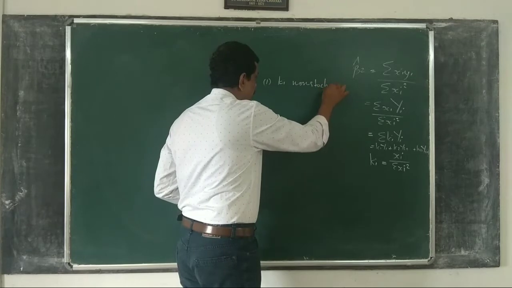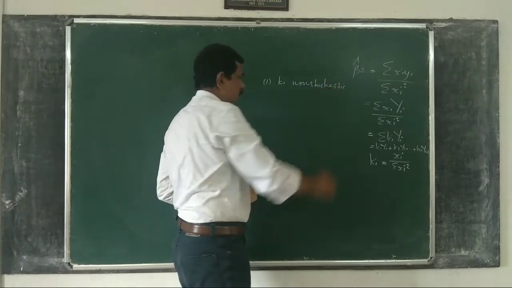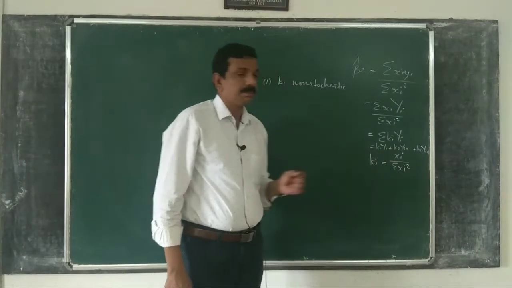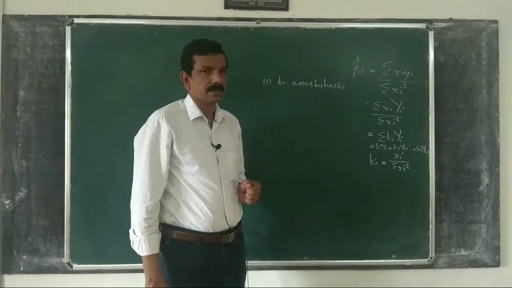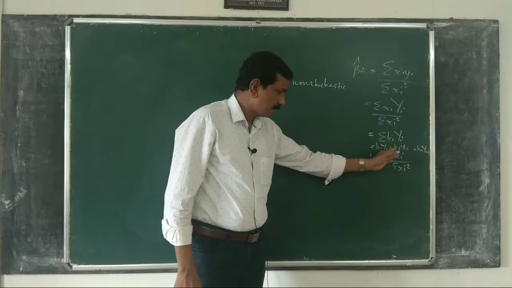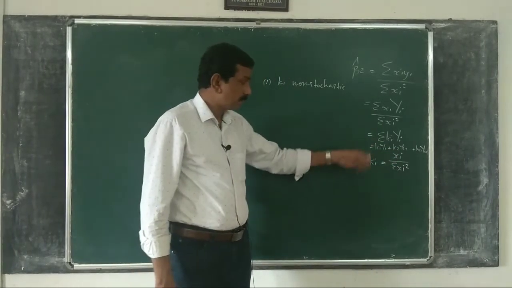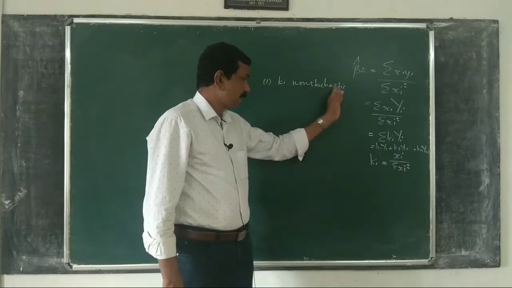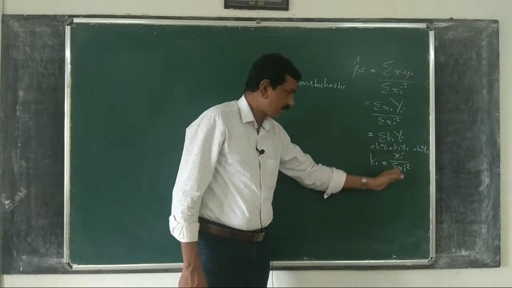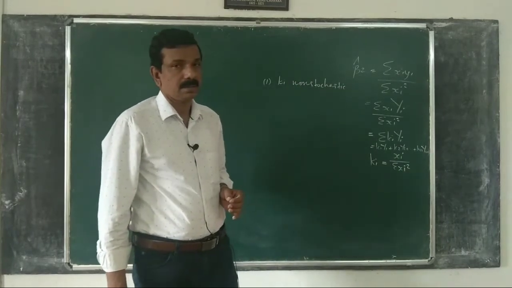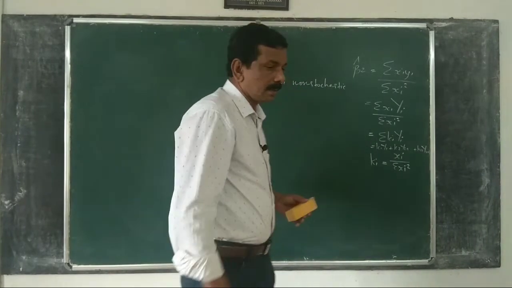Because xi is fixed in repeated samples, it remains constant from sample to sample. So ki, being a function of xi, is also non-stochastic, like xi.